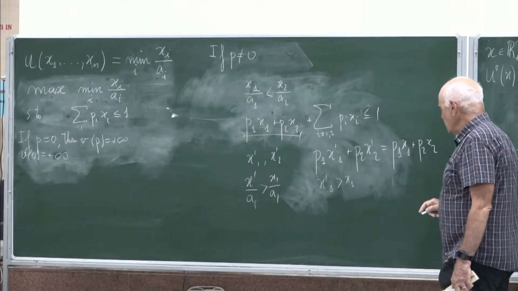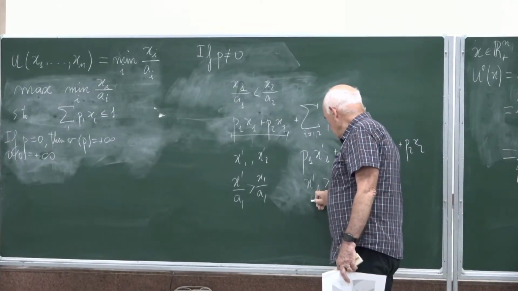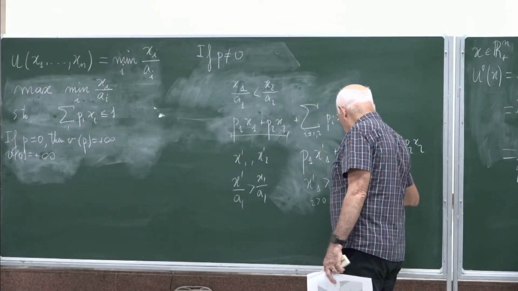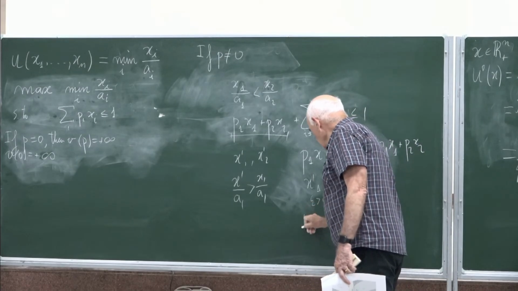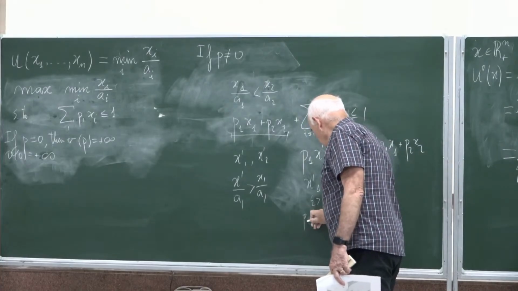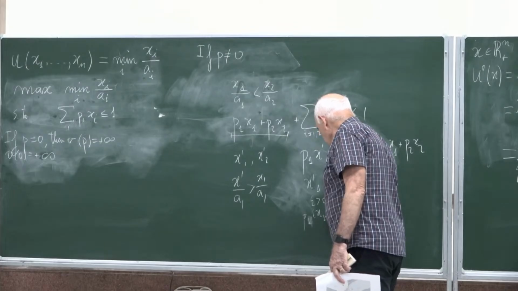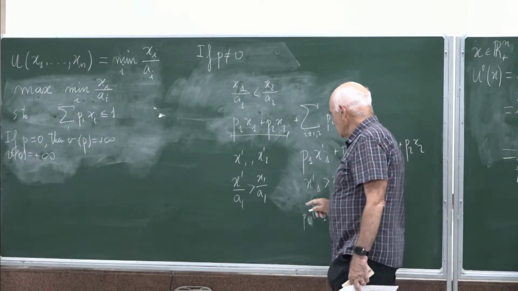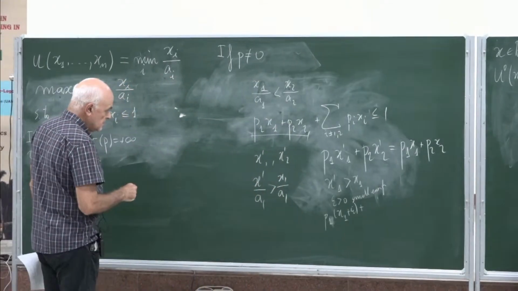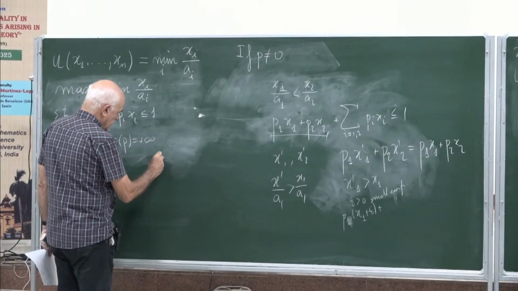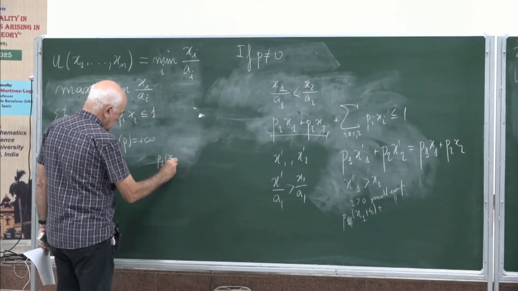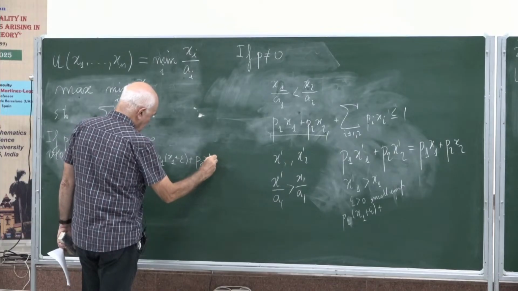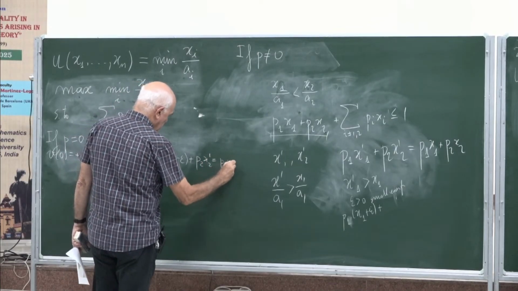Okay? So, if you take some epsilon small enough, and you take x1 plus epsilon, I need p1 times (x1 plus epsilon) plus p2 x2 prime equal to p1 x1 plus p2 x2.